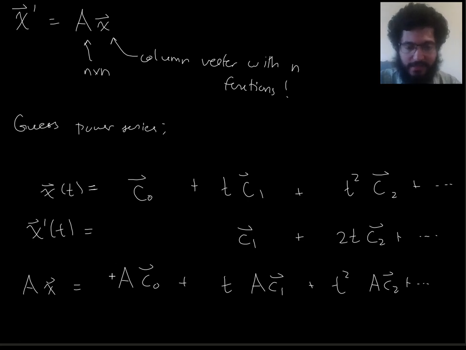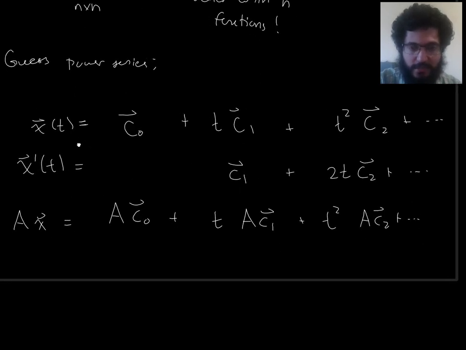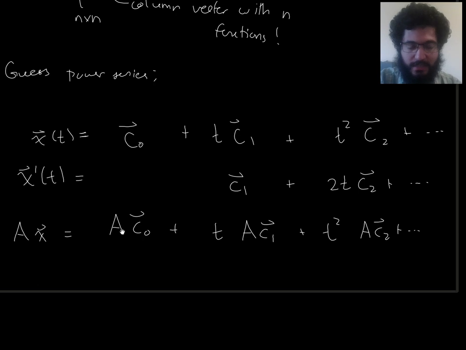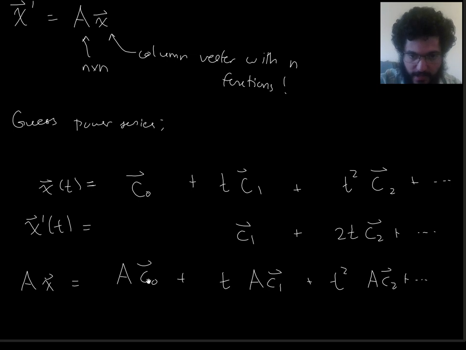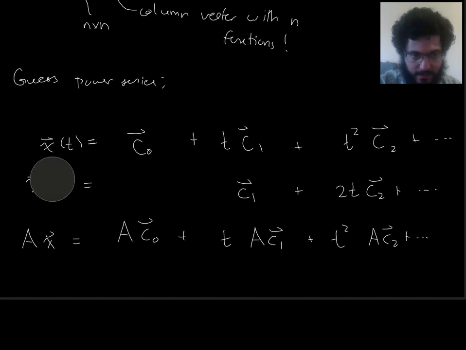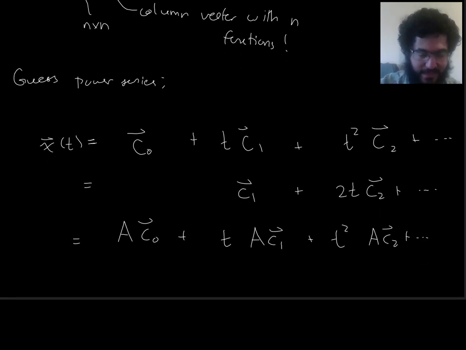Now equate these and equate coefficients just like we did in the last video. So this is like n equations when you equate these. So finally, to plug our guess into the differential equation, I need to set this equal to this, right? So then let me erase these and then make this a big curvy equal sign.